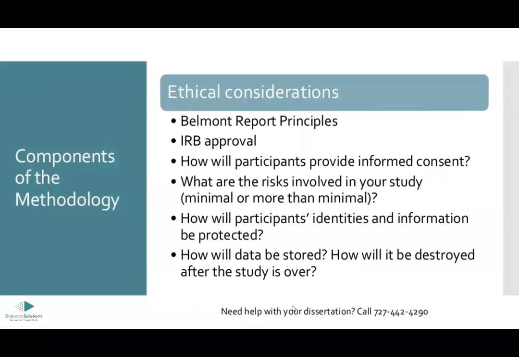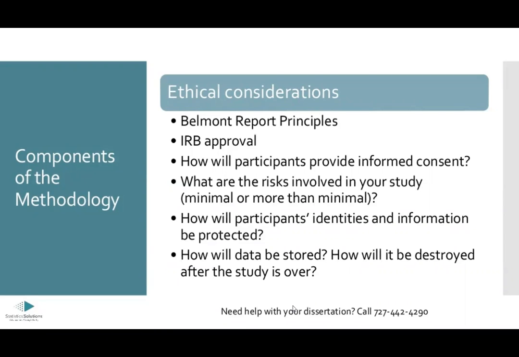After you talk about your limitations, you're going to go into the ethical considerations. So typically schools will want you to talk about the principles that have been put forth in the Belmont report. Beneficence, you're going to talk about respect for persons. So these types of things that you get through CITI training, you'll want to talk about those. You'll also want to talk about your IRB approval process.